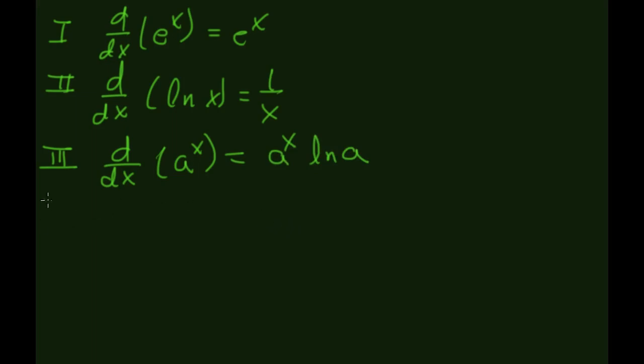Okay, so note: a to the x is equal to e to the natural log of a to the x. e and natural log undo each other, right? But if that's there, I can bring the exponent out in front, so that's the same as e to the x times the natural log of a.